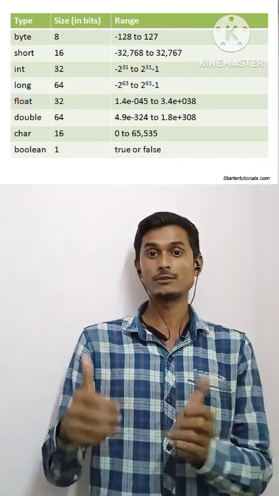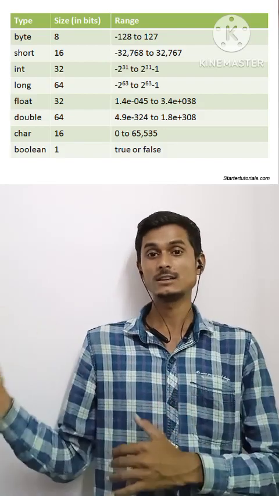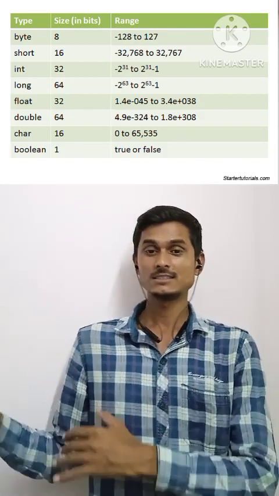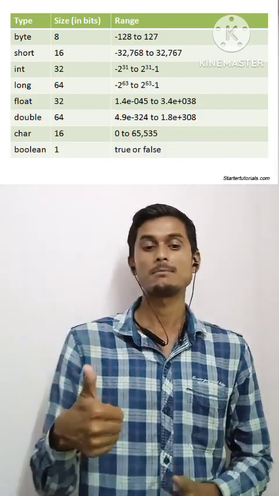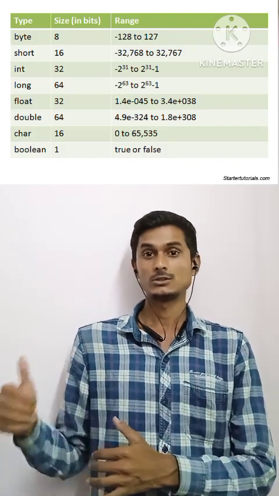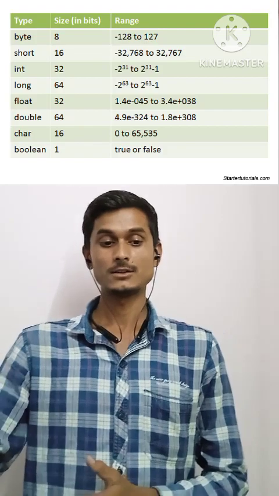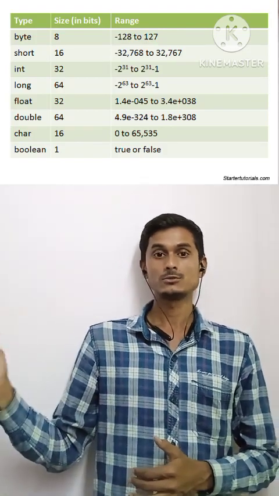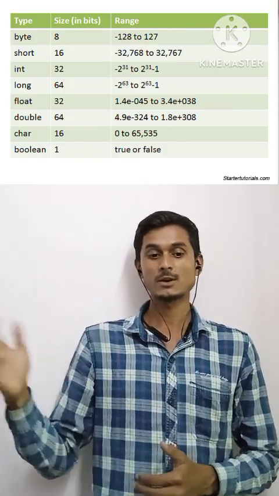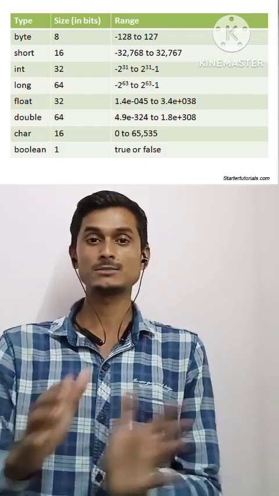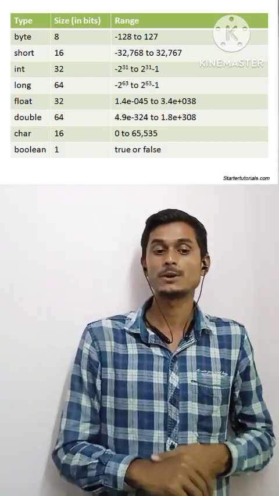If we convert that into a range, 2 to the power 8 comes to 256. So 256 divided by 2 is 128, and its range is minus 128 to plus 127.